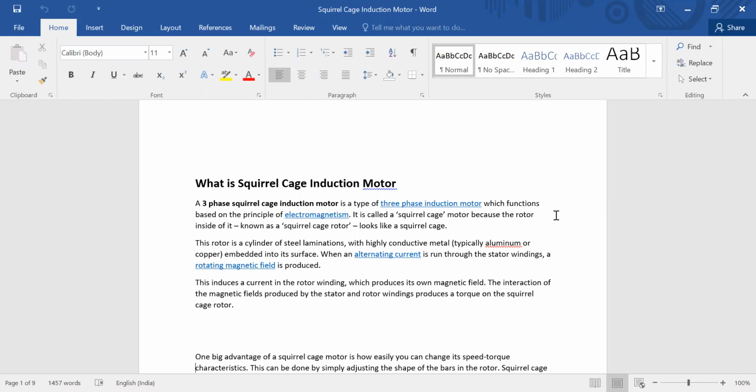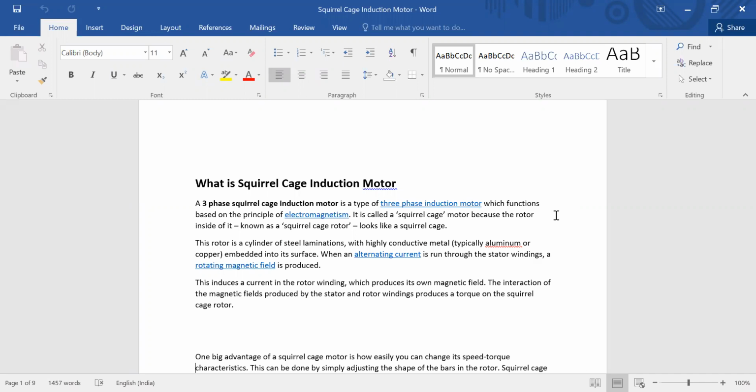When alternating current runs through the stator windings, a rotating magnetic field is produced.